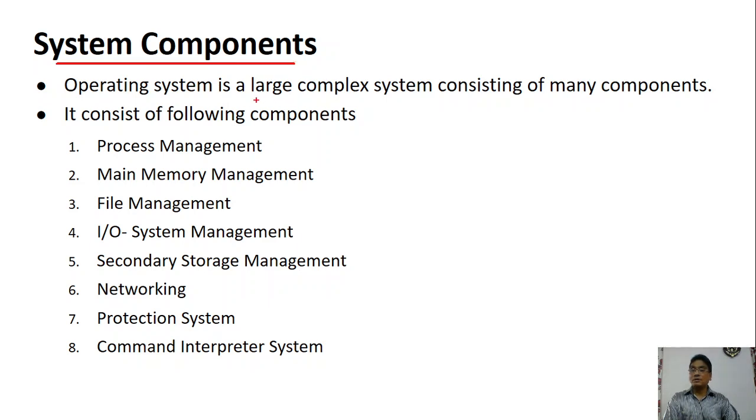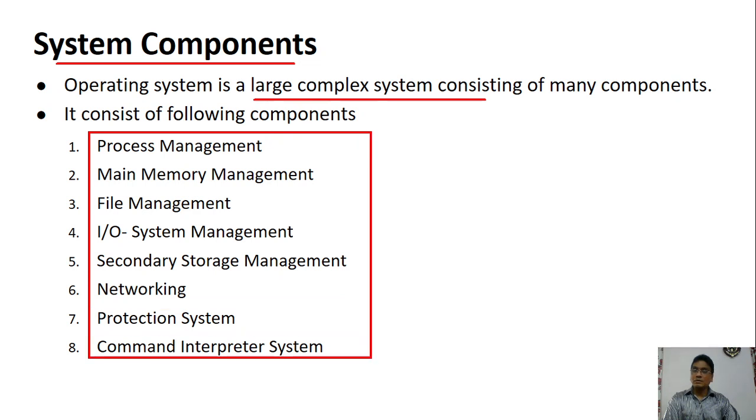We know that operating system is a large and complex system. There are many components which are part of the operating system. In general, the operating system consists of following components.